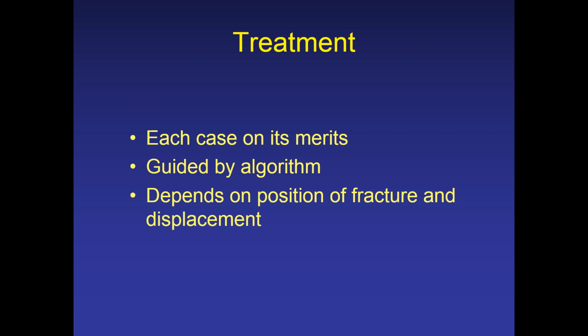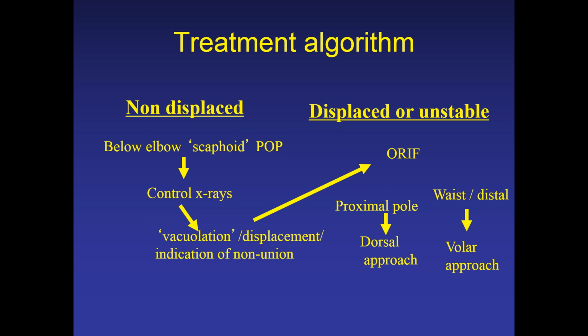So when we're looking at treatment, each case obviously we need to look at on its merits, but we are guided by an algorithm. And really we look at what we've been looking at now, the position of the fracture and the displacement. So those A1 group, non-displaced fractures, scaphoid cast, control X-rays, watch it until it's united.